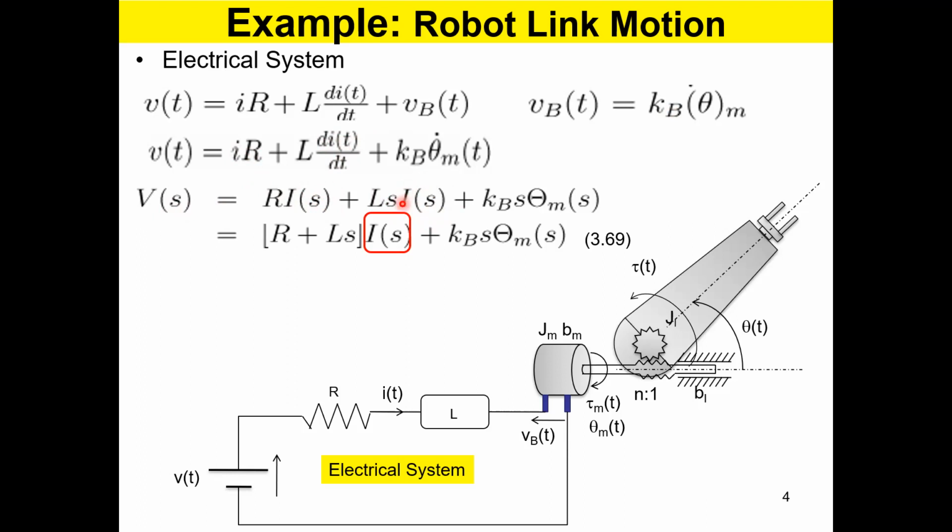And you can eliminate the initial conditions because we are not interested anymore in initial conditions, plus kb theta dot m. So it also becomes s theta ms. When you have a differentiation in the time domain, in the Laplace domain it is s times Is, s times theta ms, and also initial conditions. But here, because we decided not to consider initial conditions, we drop them.